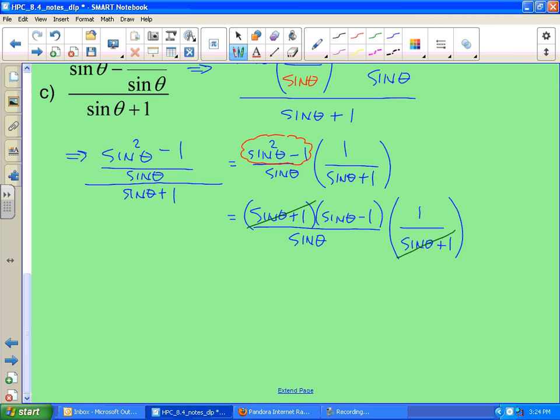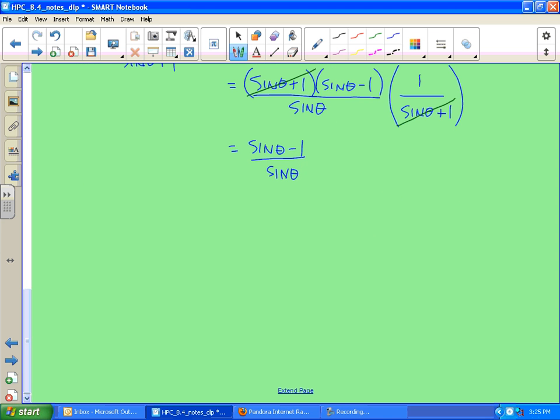Well, we end up with sine theta minus 1, all over sine theta. But we want to see if we can simplify this further. And we can. This becomes sine theta over sine theta minus 1 over sine theta. And that becomes 1 minus cosecant of theta. And now we're simplified. That's as far as we can go for that problem.